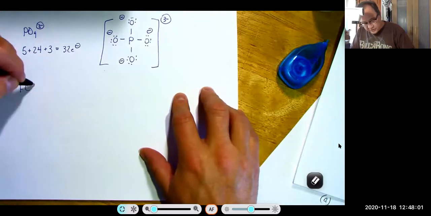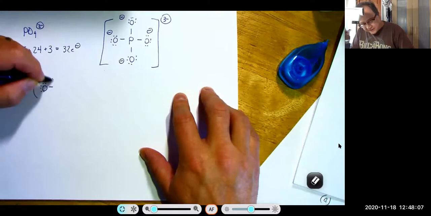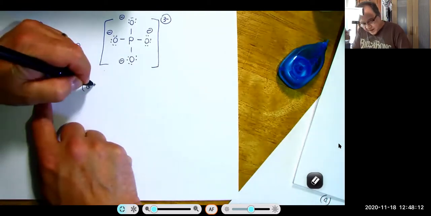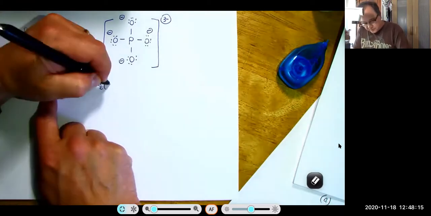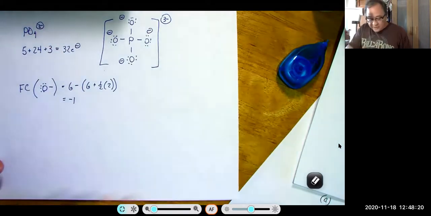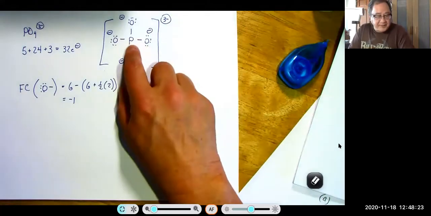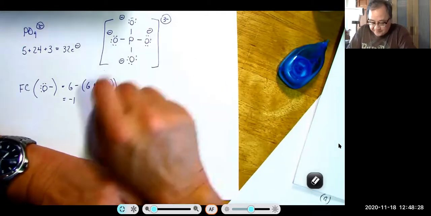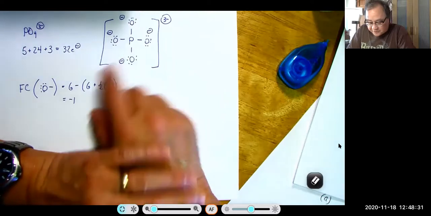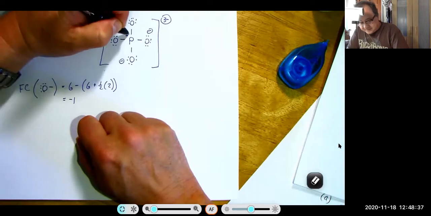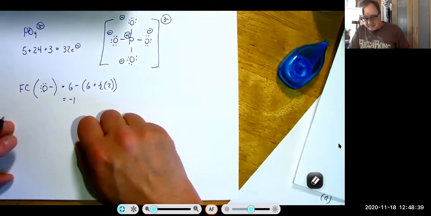Formal charge on an oxygen with 3 lone pairs and a single bond is going to be 6 minus 6 plus 1/2 of 2, which is -1. Another thing that we can do to get formal charges is all of these formal charges plus the one on phosphorus should equal -3. So what does the formal charge on this phosphorus have to be to get a -3? And it's a +1, right? And that gives you the -3.